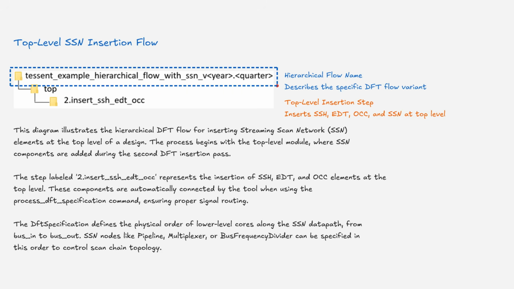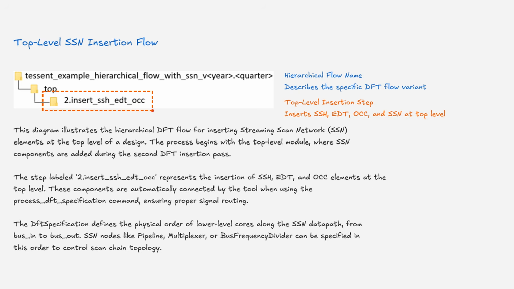This diagram illustrates the hierarchical DFT flow for inserting streaming scan network, SSN, elements at the top level of a design. The process begins with the top-level module, where SSN components are added during the second DFT insertion pass. The step labeled 2. insert SSH EDT OCC represents the insertion of SSH, EDT, and OCC elements at the top level.